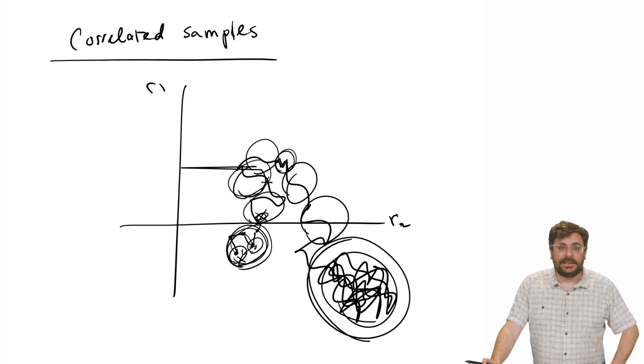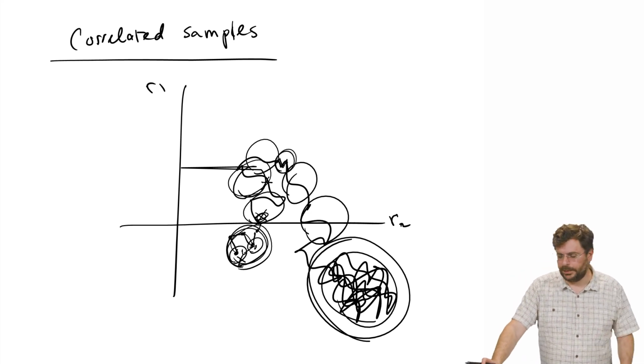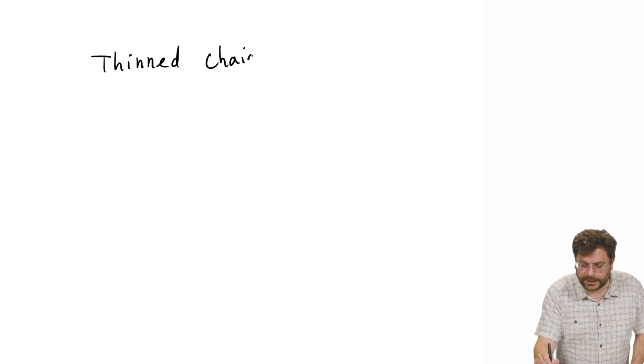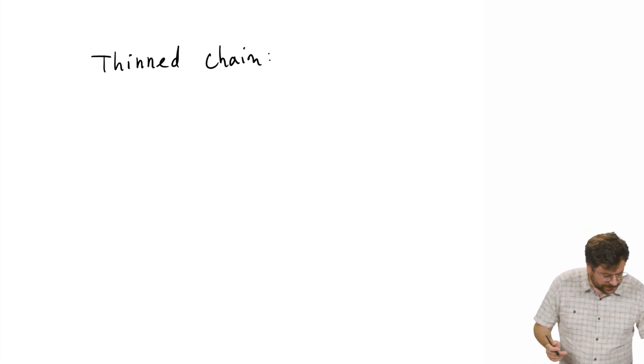So the question is, how do I determine how quickly these data points decorrelate? Rather than consider every single data point, because all these data points are extremely related to one another, it may only be useful to consider a thinned chain. And the question really becomes, how do I determine this thinned chain?